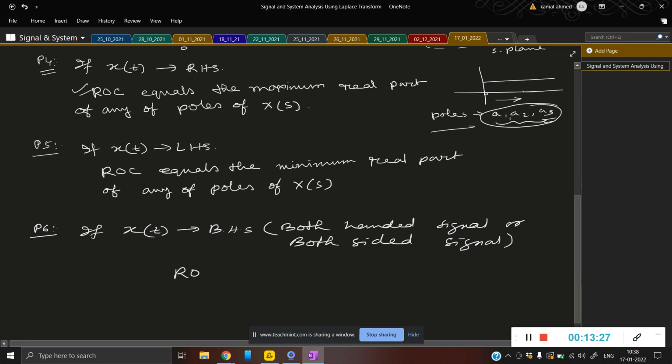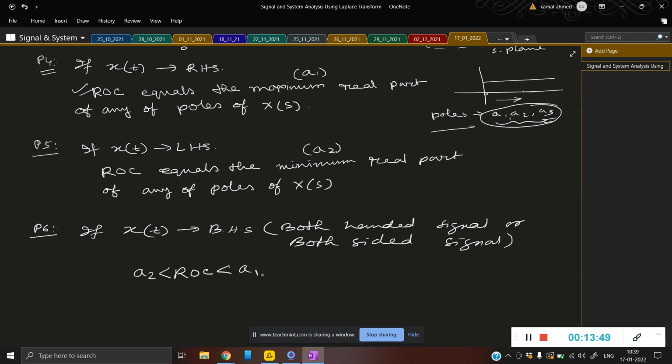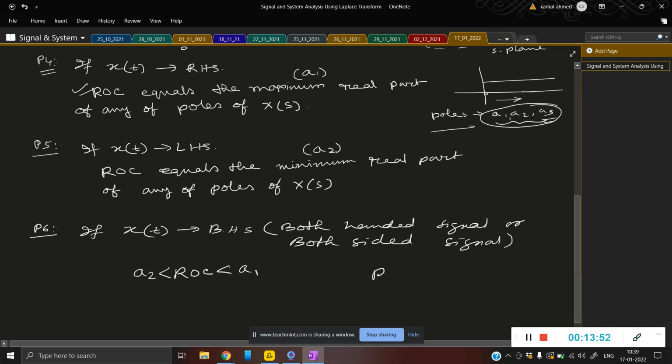So for ROC, let the maximum be A1 and the minimum be A2. So the ROC will lie between A2, that is the minimum, and the maximum. Just remember this: if we generalize, the ROC will lie between A min and A max.